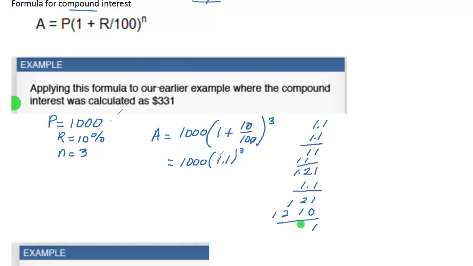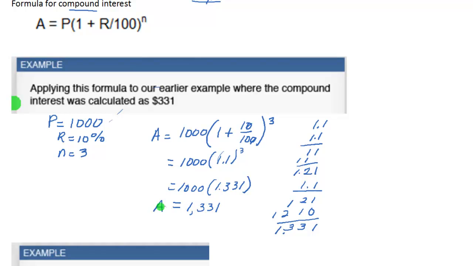All right, 1, 2, 3. So 1.331. That's your 1.1 cubed. Then you take that times 1,000. Multiplying 1.331 times 1,000 moves the decimal 3 places to the right, so you end up with $1,331.